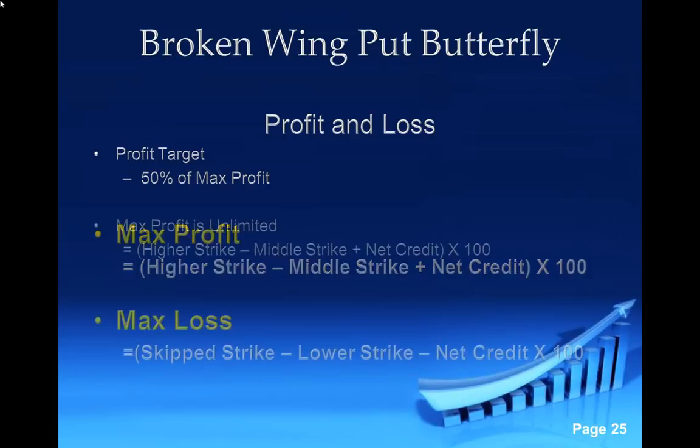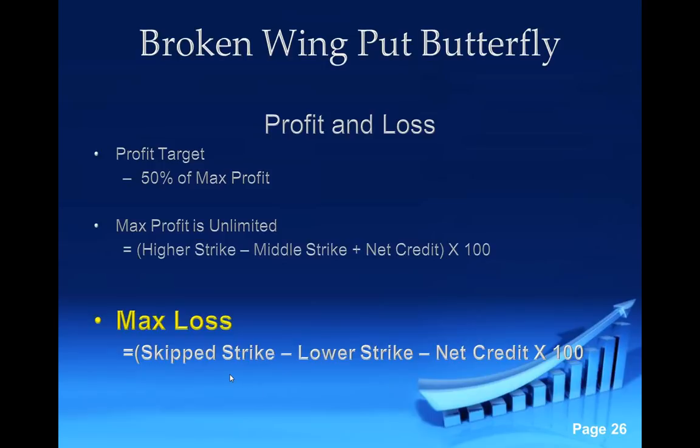And our max loss is going to be the skipped strike minus the lower strike. So our max loss is actually less than our max profit, okay? So our risk is less than our reward. Because our max profit is $5.50. Well, if we take the skipped strike minus the lower strike, it's that width of the spread, right?